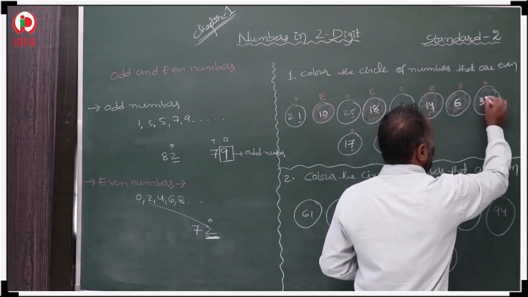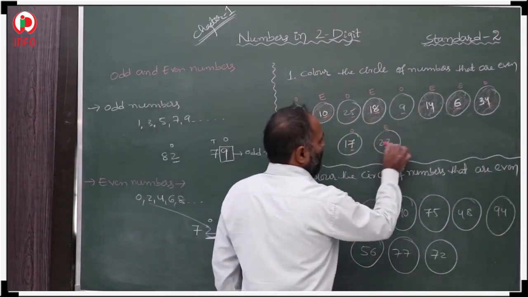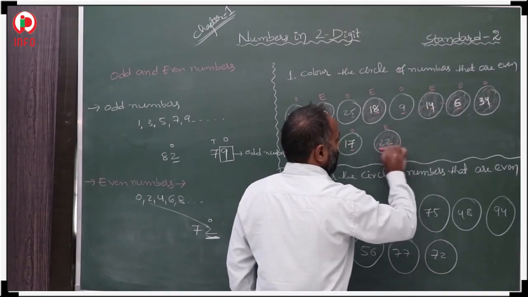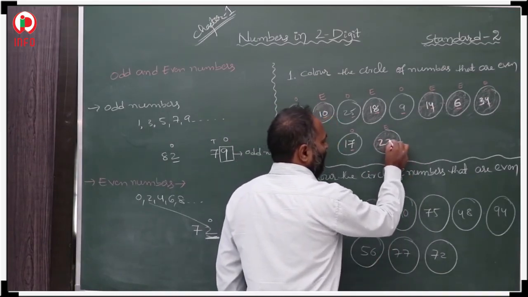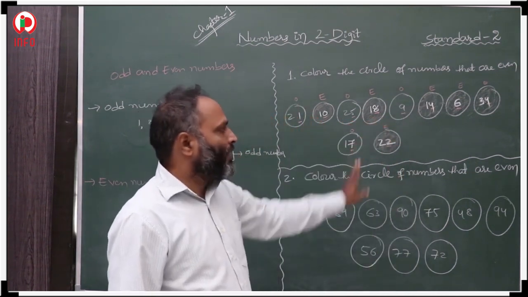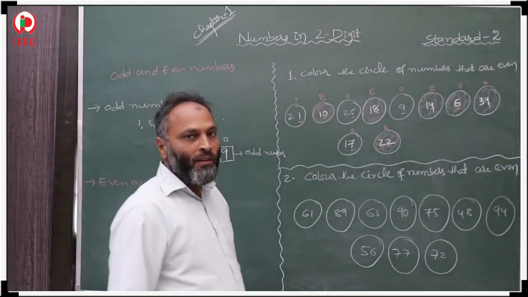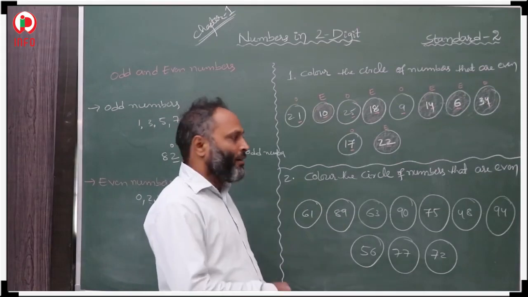This is 34, an even number, color it. So here also 22nd. This is an even number. These 6 numbers are even numbers. So for even numbers only, the circle we have to color.